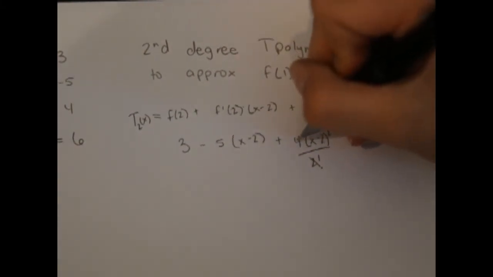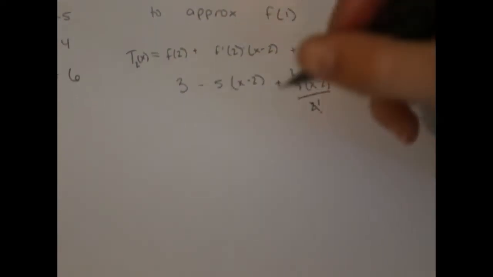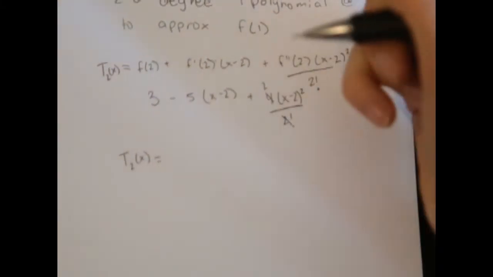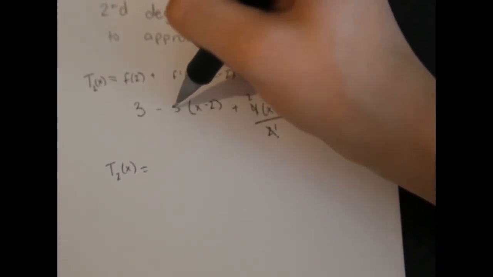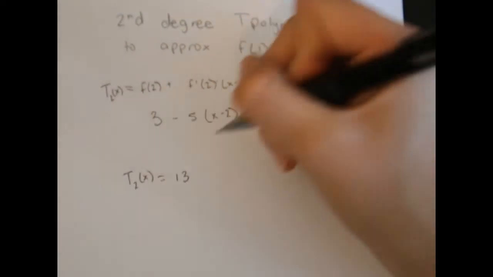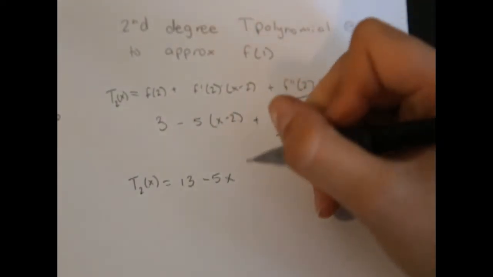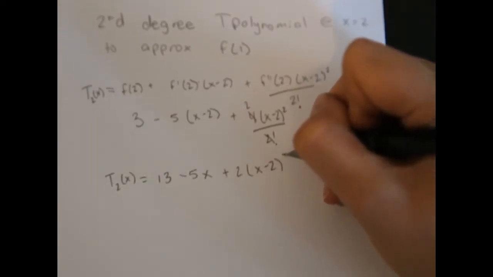So these two can cancel out, and this will just become a 2. So we can rewrite this as our second degree Taylor polynomial of x equals 3 minus 5 times x minus 2, and -5 times -2 is just going to give us 10. So we're going to have 13 minus 5x plus 2 times x minus 2 squared.